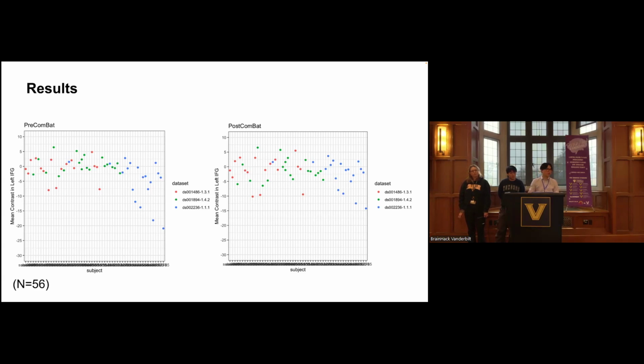But the blue one was actually a different scanner and a magnet strength of 1.5 T and not 3 T. And so seeing that ComBat works for scanners that are different in terms of the scanner manufacturer and the strength was reassuring for us. And we ran this for 56 different subjects, and I think that was really awesome.